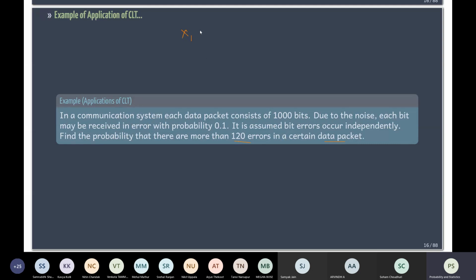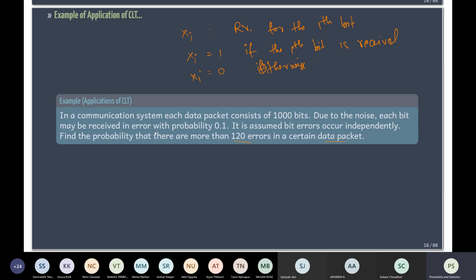So I will take Xi, the random variable for the ith bit. It is about the probability with which I receive an error in the ith bit. Let us say Xi equals 1 if the ith bit is received in error, and Xi is 0 otherwise.